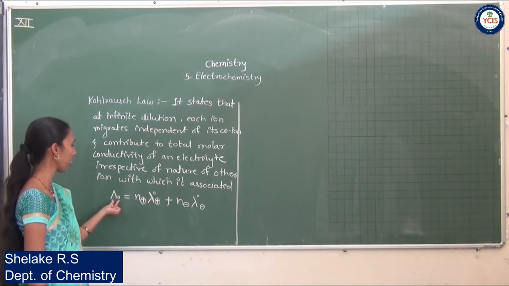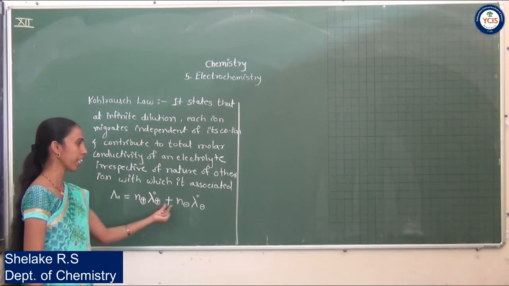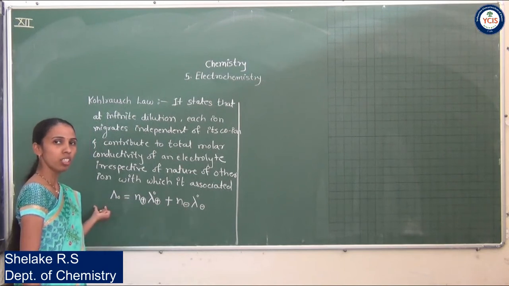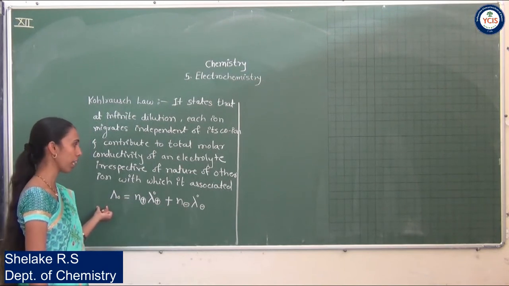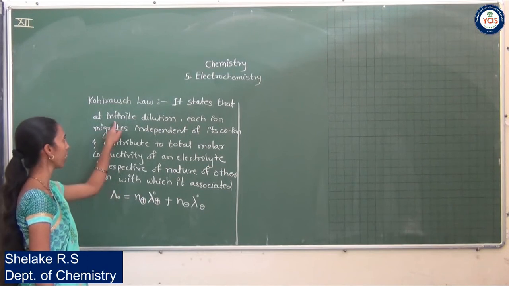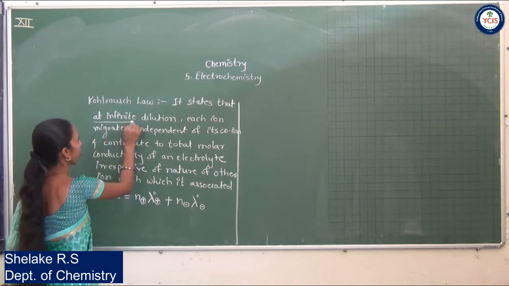The important point is that we have taken lambda 0 for the cation and anion and also for the total molar conductivity of the electrolyte. At infinite dilution is very important.